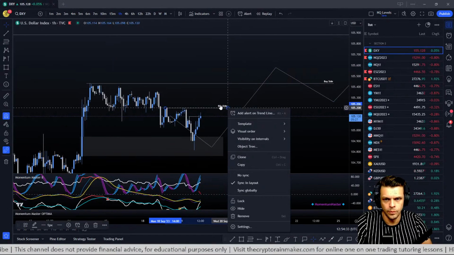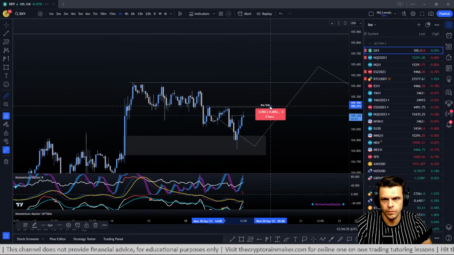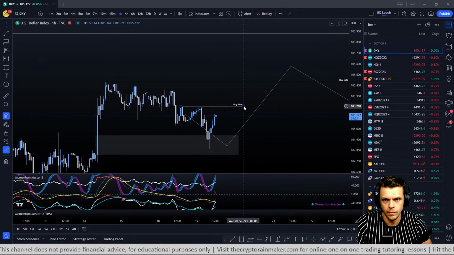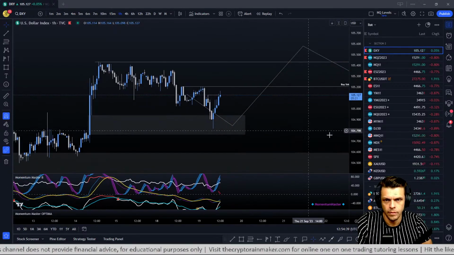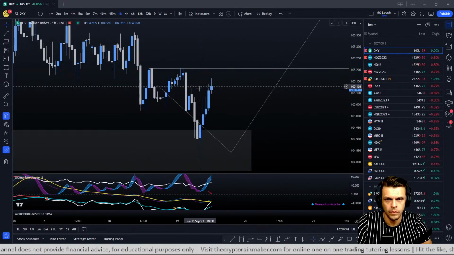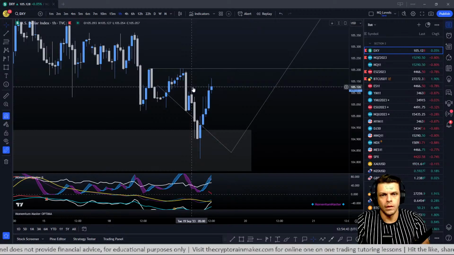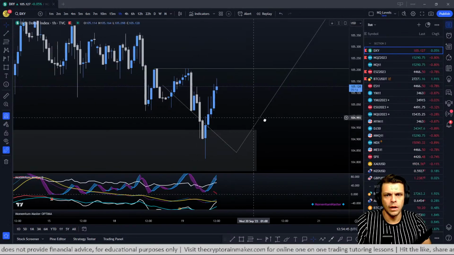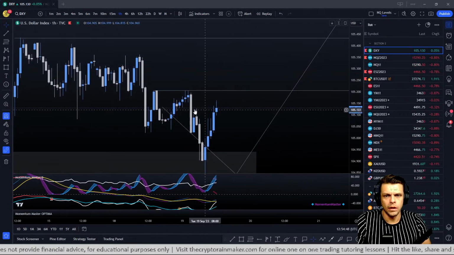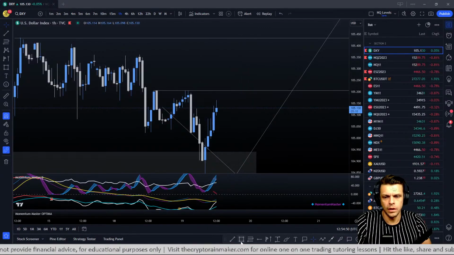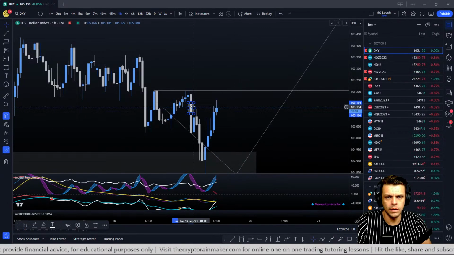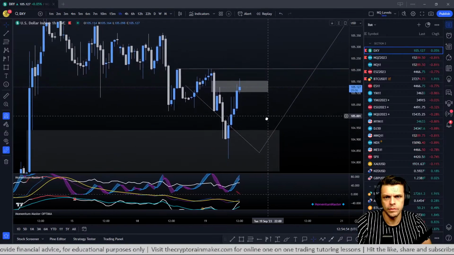Okay, so more liquidity. Okay, so this was the very last lower high. So the dollar kind of needs to displace above this high. It could turn around right here at this imbalance.